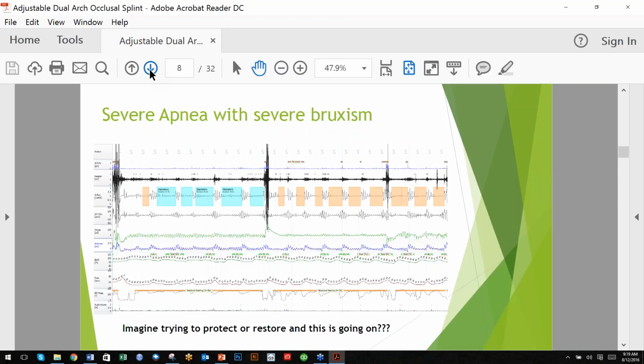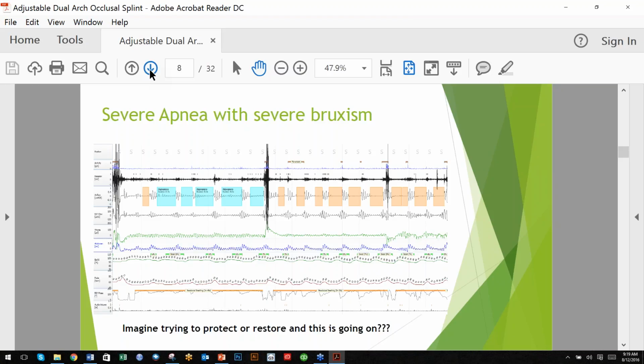Okay, here's an example of somebody with fairly damaged teeth. This patient had wear and anterior chipped teeth and wear. They had both issues.